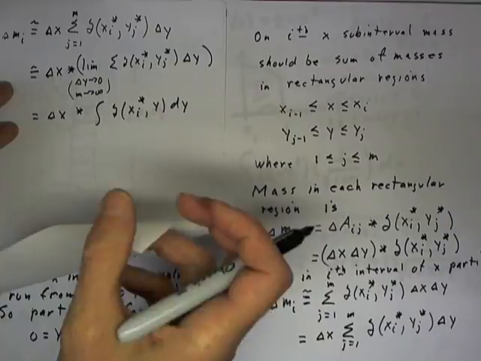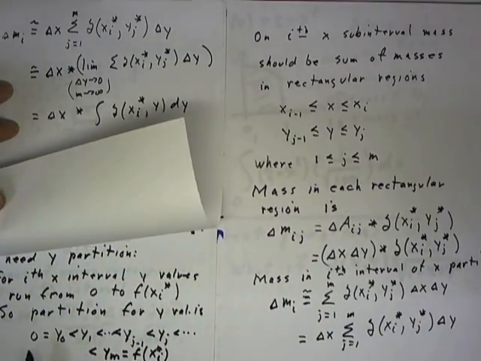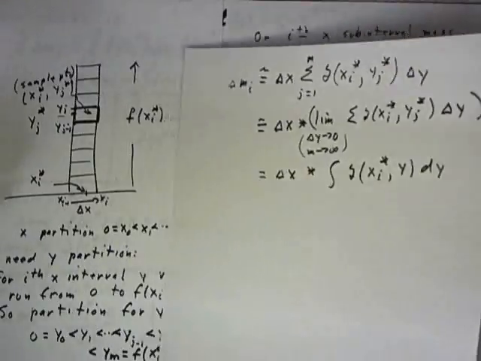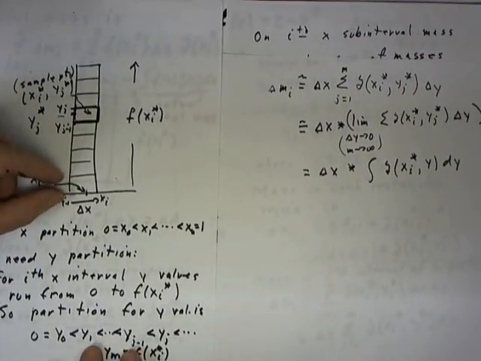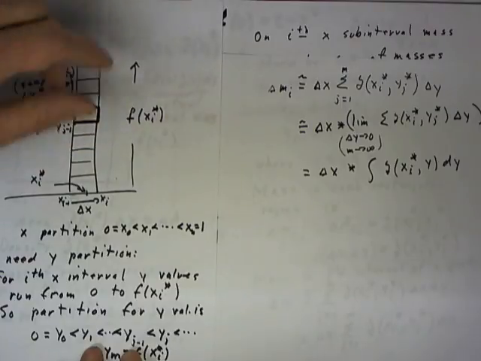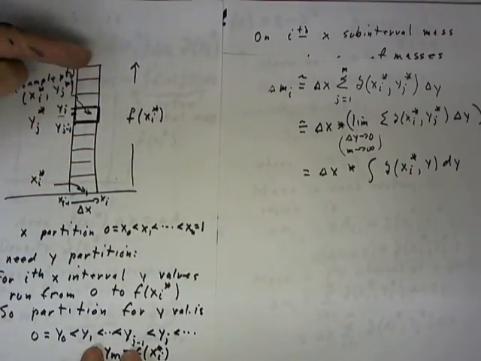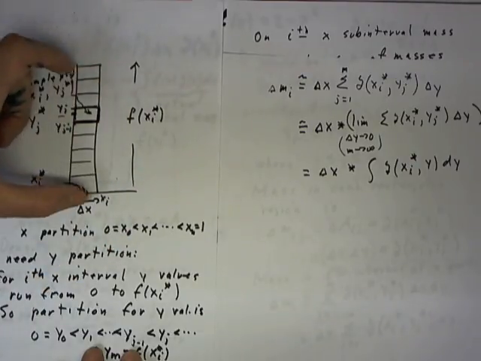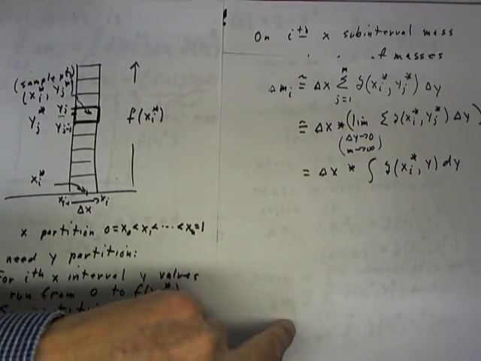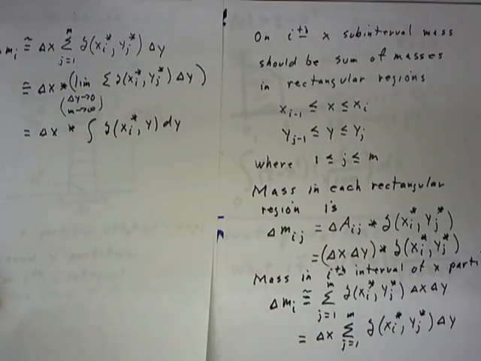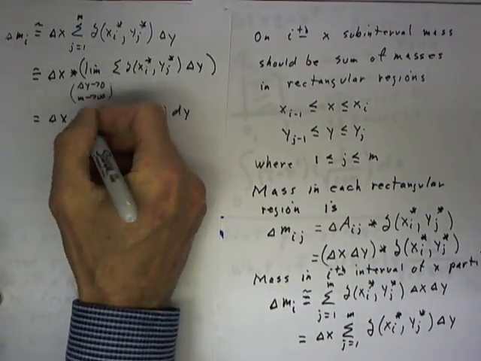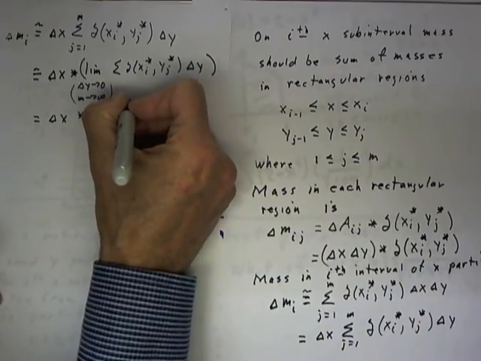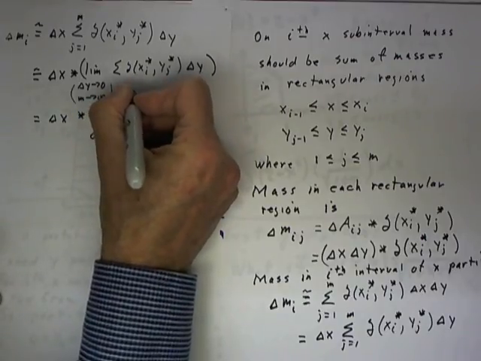Well, you'll recall that our partition for the y went from 0 to f of x sub i star. And we can even take another look at what we mean here. We've partitioned this strip in the y direction, and the partition runs from y equals 0 on the axis up to a maximum of f of x sub i star, so that the limits in this integral are from 0 to f of x sub i star.